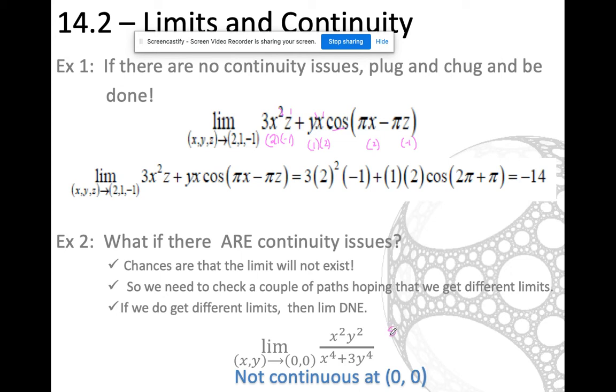So plugging in, step 1, tried that first. I got 0 over 0. So that leads me to 3 choices to start off with. Horizontal path, vertical path, diagonal path.